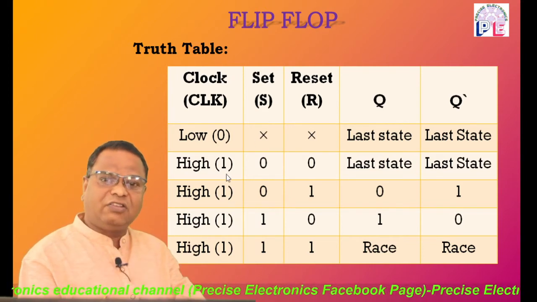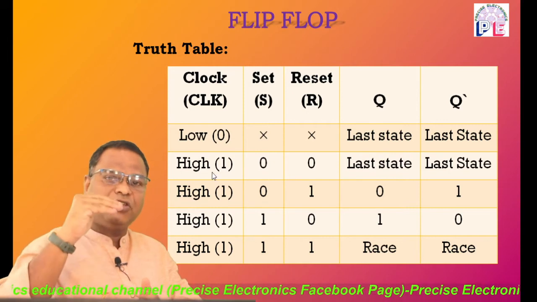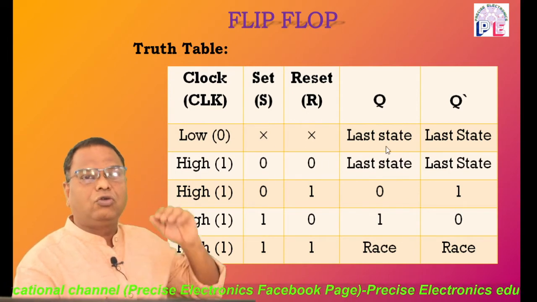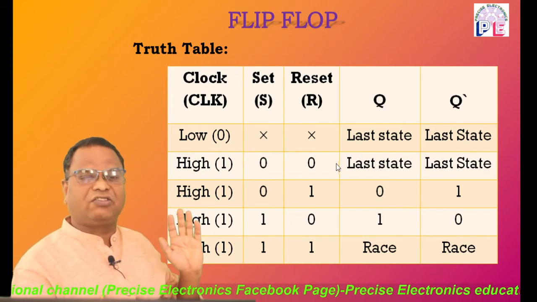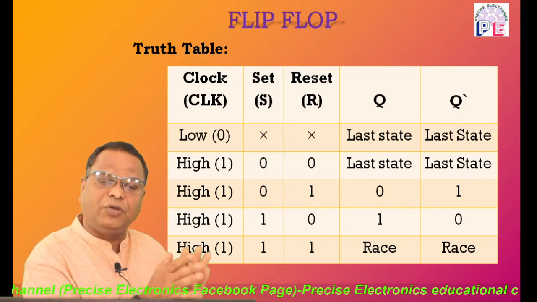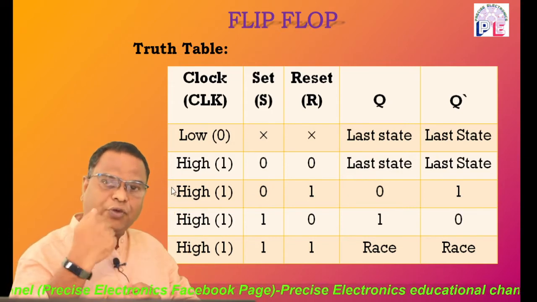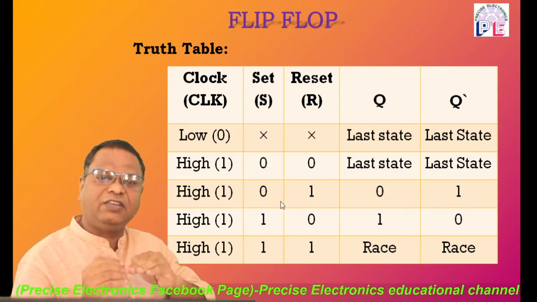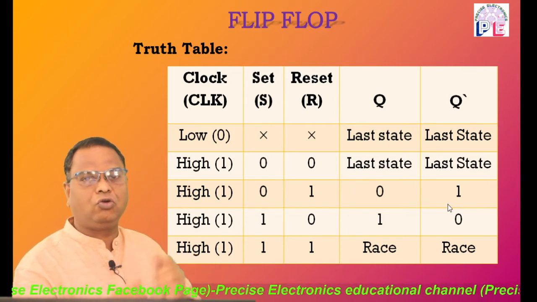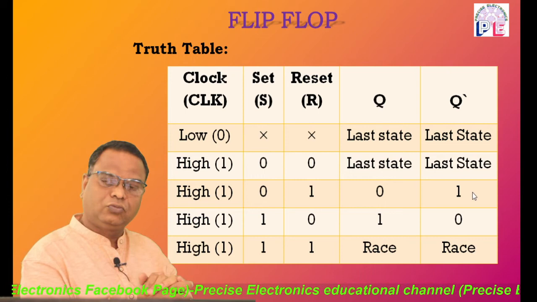The second state: when the clock input is high and set and reset inputs are low, the flip-flop remains in the last state. So once again, outputs are the last state or previous state. Now when the clock input is high, set is 0, reset is 1, the flip-flop is in reset mode, so Q is 0, Q complement 1.